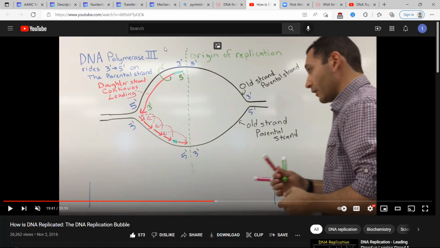So if we draw another origin of replication bubble, and if there's another bubble over here, this process will eventually, over here, right, there will be some red strands going this way.